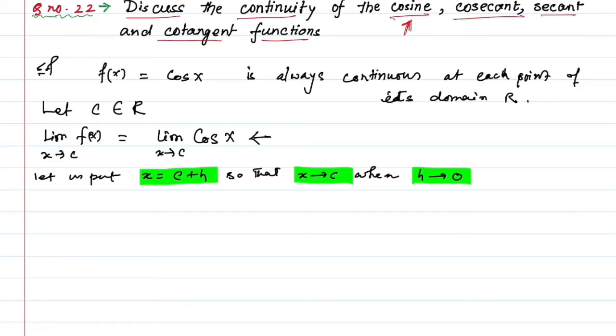So here we can write the limit as h tends to 0 of cos(c plus h). Now let us apply the cos(a plus b) formula.